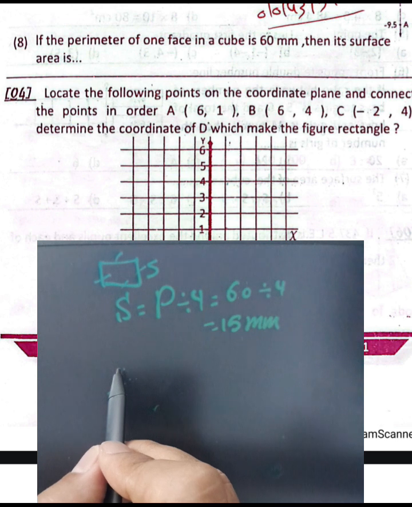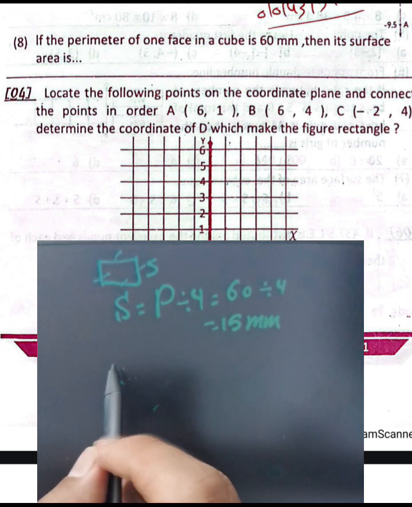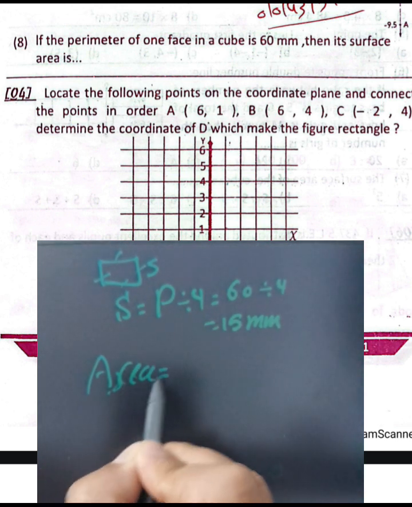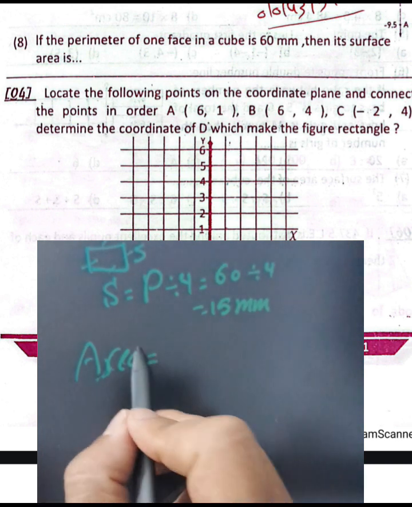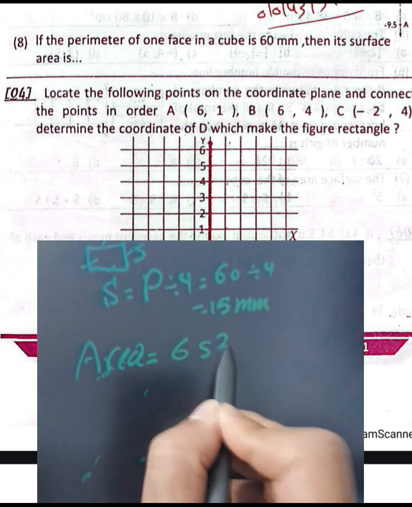Then what does he want to find? He wants to find the surface area. We can find the area of the cube, which equals 6s squared. Why?